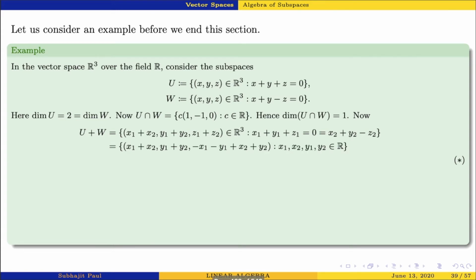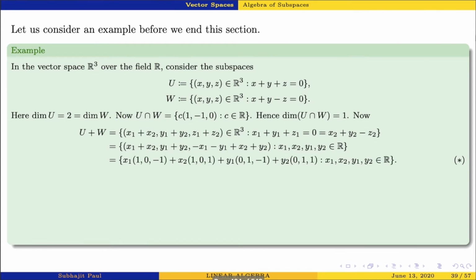This is the same as replacing z by x and y in both cases. So this turns out to be x1 plus x2 in the x coordinate, y1 plus y2 in the y coordinate, and the z coordinate turns out to be minus x1 minus y1 because of z1, and plus x2 plus y2 because of z2. Here all these x1, x2, y1, y2 are varying over real numbers. Fine, this entire set we are talking about.